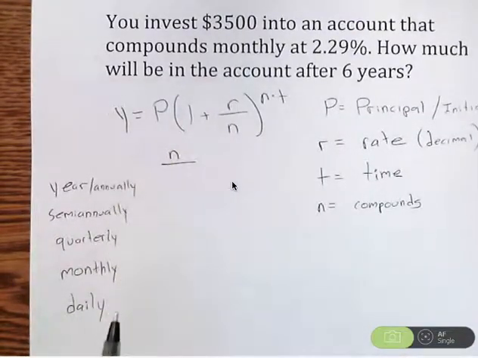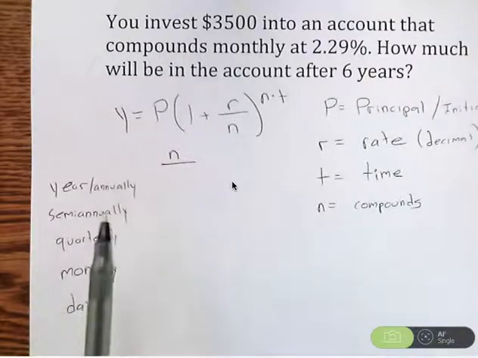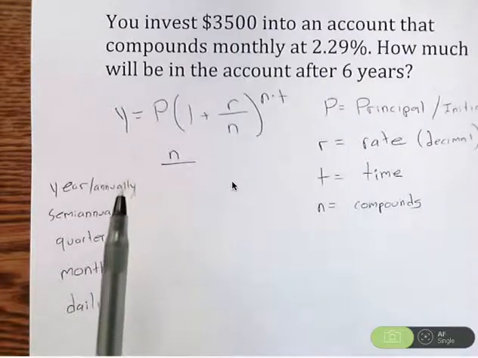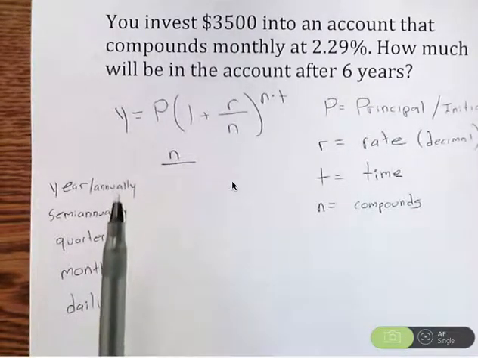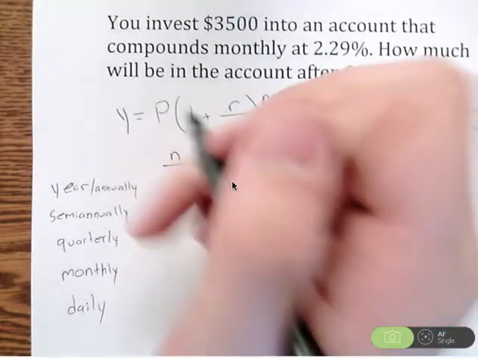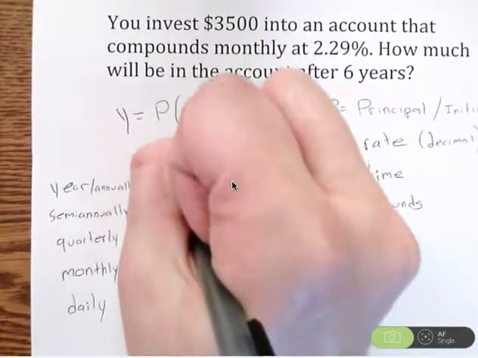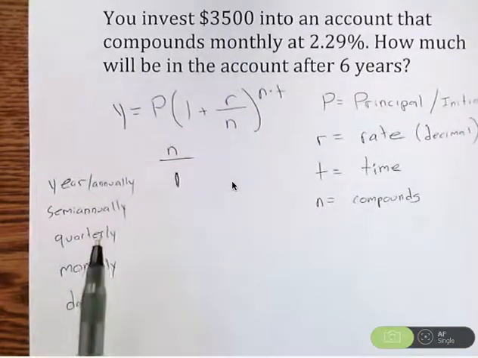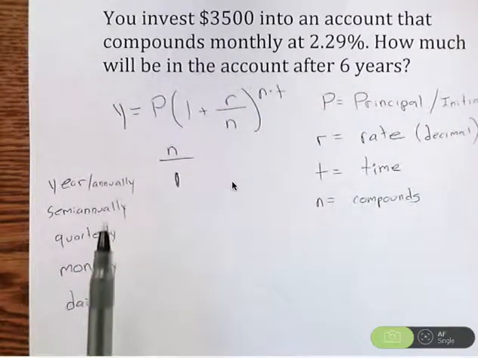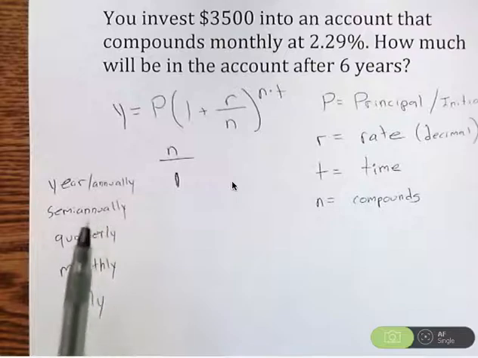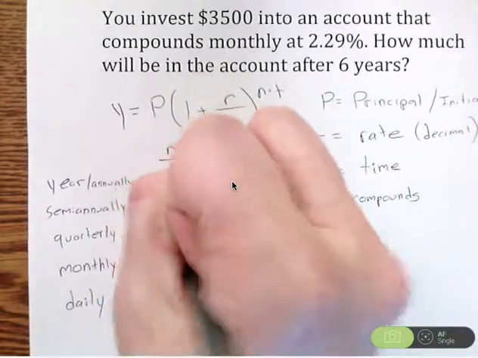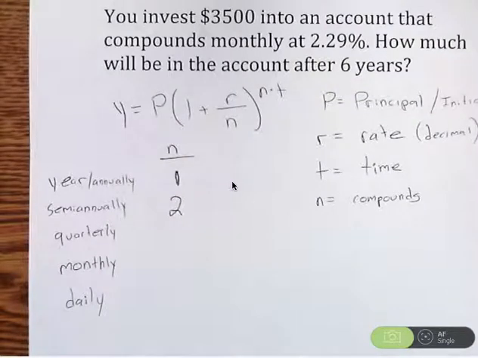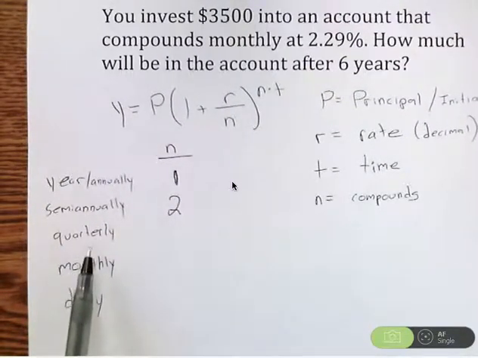So what you're looking for is, if each of these happen, how many times does that happen a year? If something happens annually, so prom for students happens one time a year, it's an annual thing. That tells you that N is 1. If something is semi-annually, and this goes back to your vocab strengths or weaknesses, semi being 2, that's twice a year. Quarterly, you could think of sports.